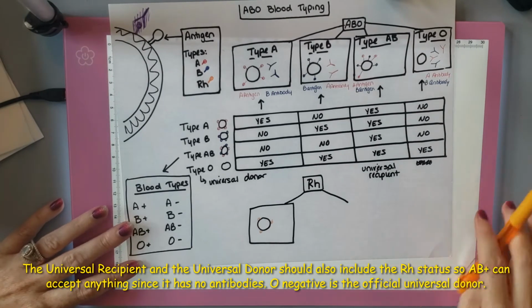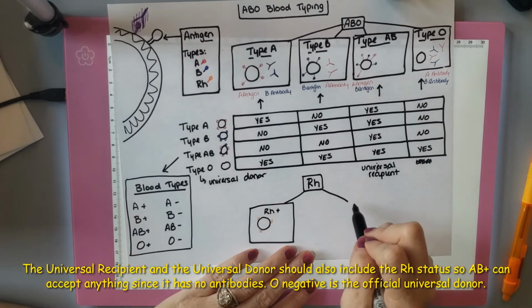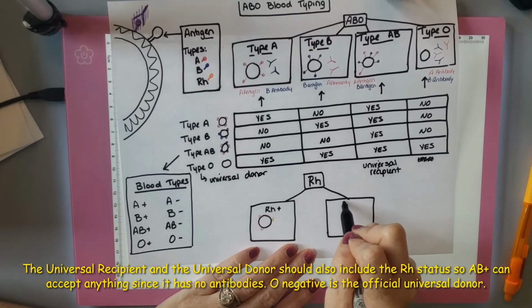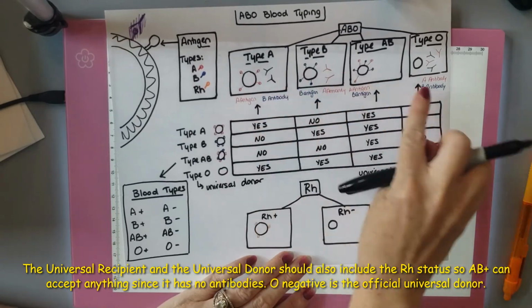Now, because this is Rh positive. A cell that is Rh negative is going to look like that, other than whatever blood type they have.